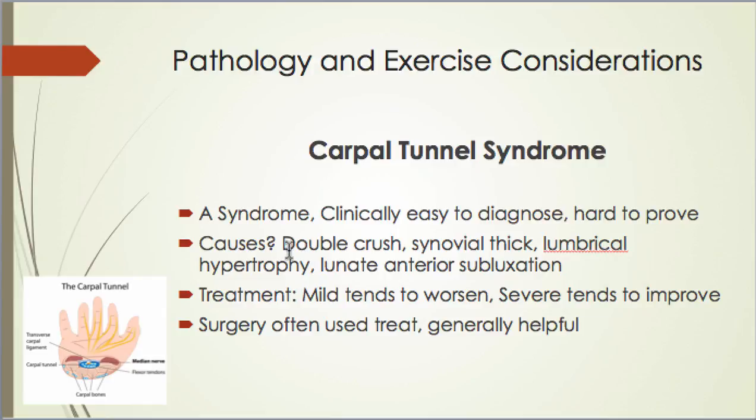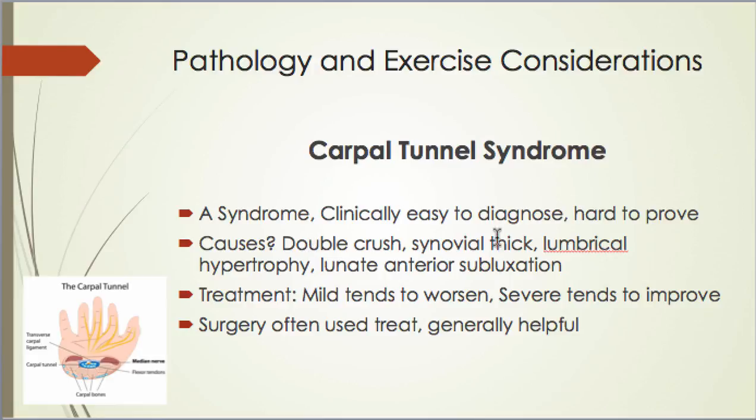What are the causes? Multifactorial, potentially. So double crush means that the nerve is being irritated not only at the wrist, but also approximately in the neck or thoracic outlet. Double crush meaning if there's compression in one place, it's going to cause another place along the line of that same nerve to be more vulnerable. That's double crush.